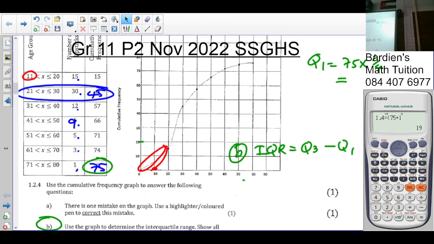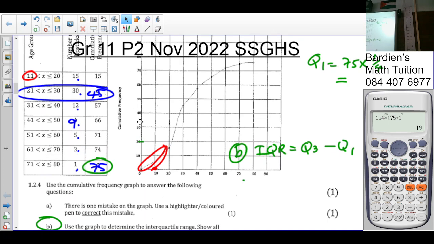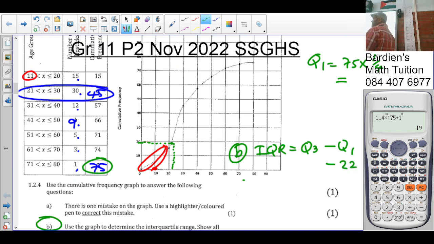Okay, so let's pick this up here. It's just below that. So what I do is I take a ruler, go across to the graph, and as it hits the graph, I move it down. Can you see that, people? So I get approximately 22. What did you guys get in the exam? 22, 21, that's all acceptable. Of course, we're not going to accept a value less than 20.